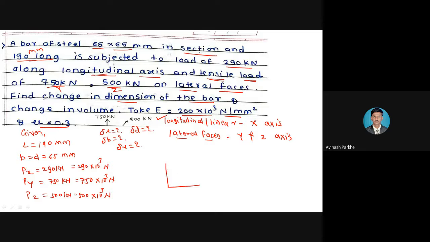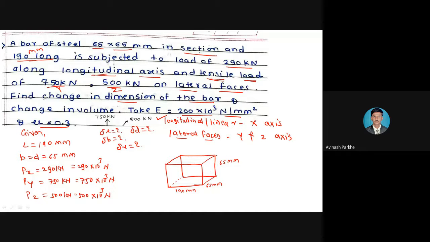From this, I will draw the figure. Always try to draw the figure so it will be easy to understand. So this is the figure. The length given is 190 mm, the width is 65 mm, and the depth is 65 mm.